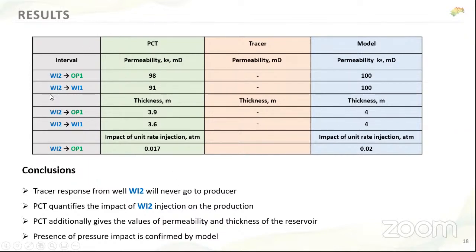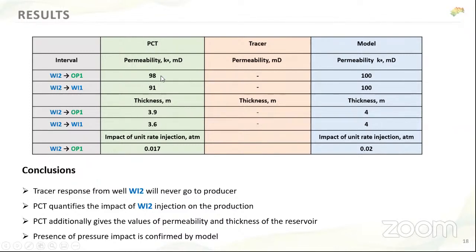But of course, this well supports the pressure in the production area. The injection of this well, of course, supports the production in the producing well. And pressure interference would be able to demonstrate that there is a connection.